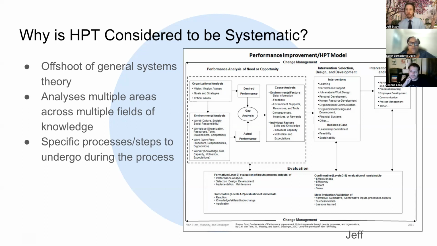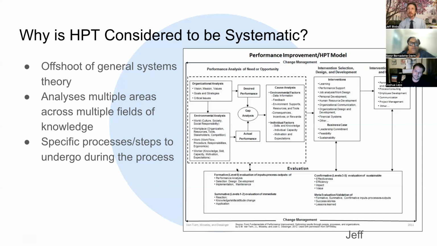Like from a K-12 perspective, what is your strategic plan for your campus or your district? That is going to drive the organizational analysis component versus what is actually happening. And what is actually happening is going to be impacted by different layers of influence, all the way from a global level down to the individual level.